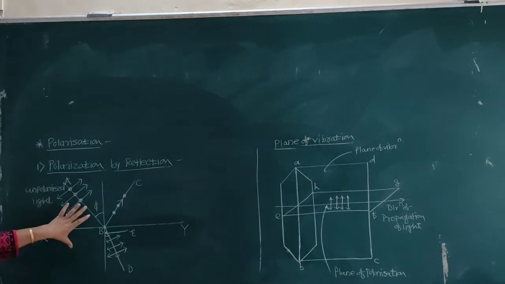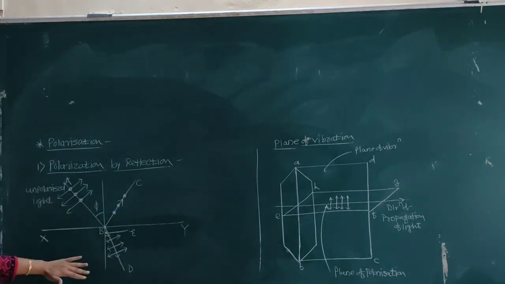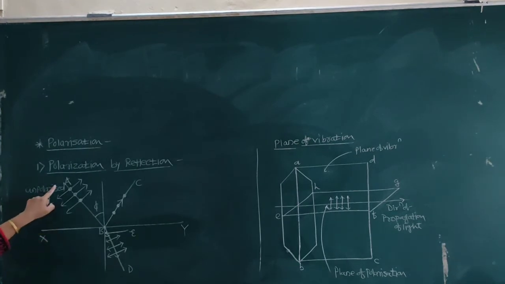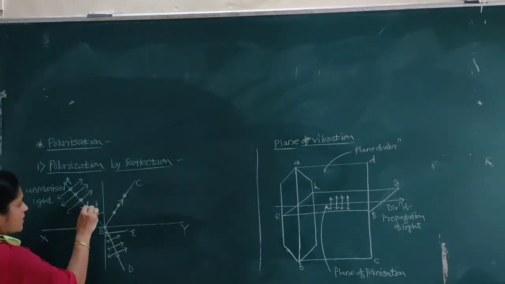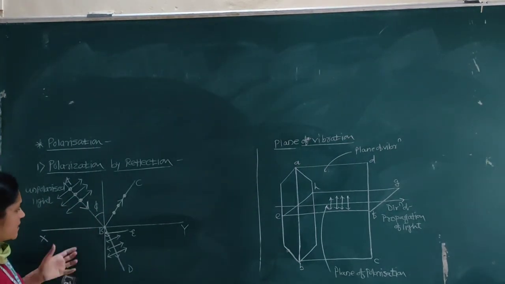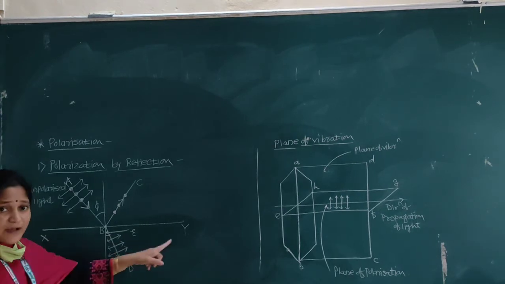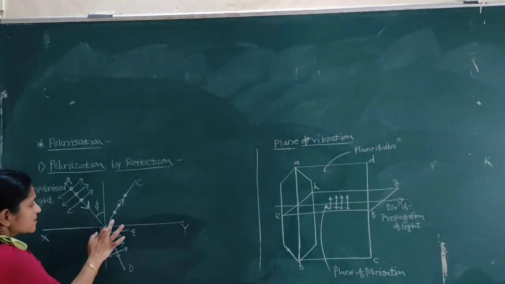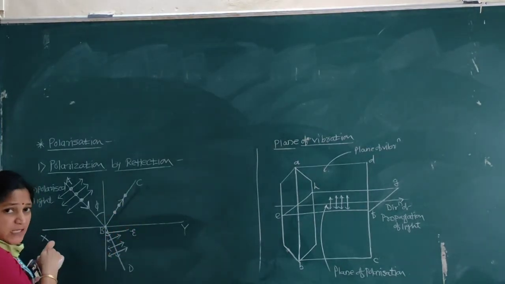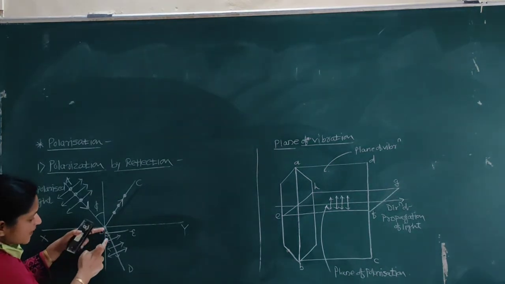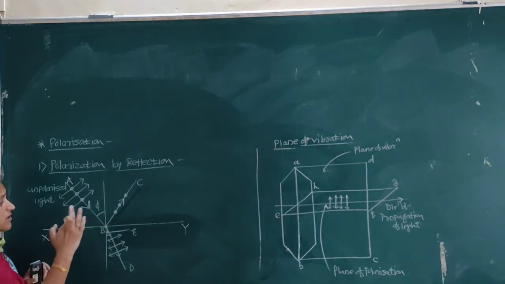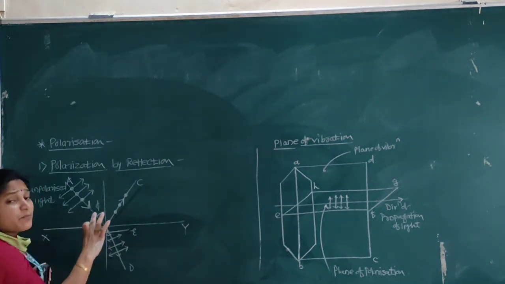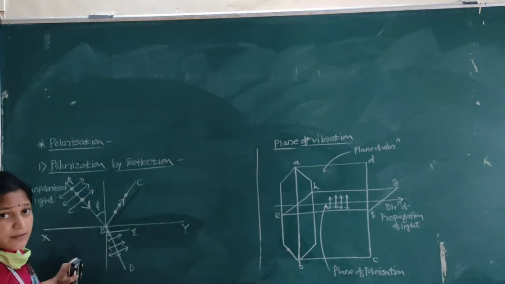Now if we see this figure, it is observed that when unpolarized light is incident on the surface XY, a part of the light is reflected along BC and a part of the light is refracted along BD. But it is found that both the rays are partially polarized.